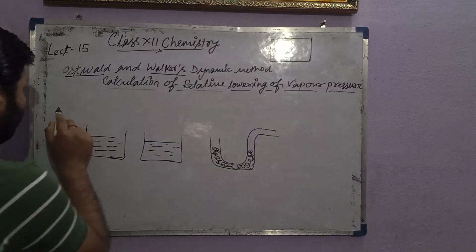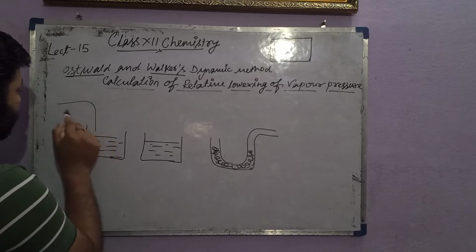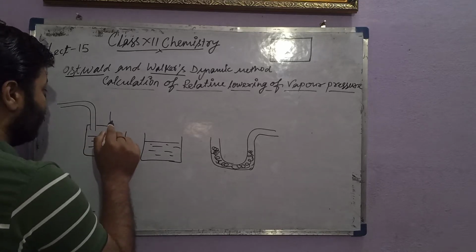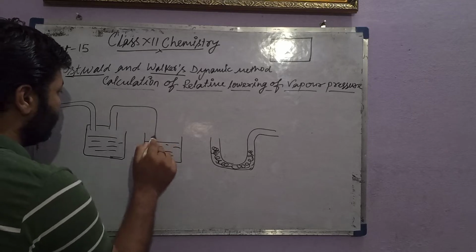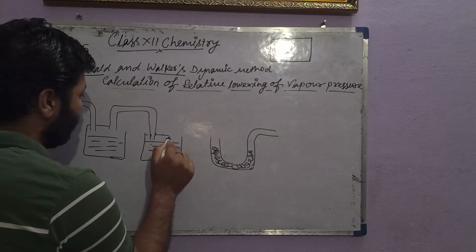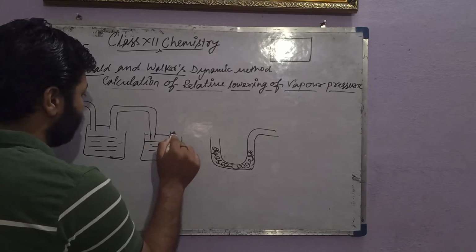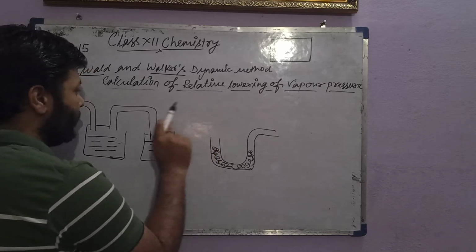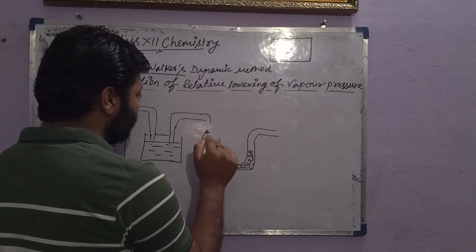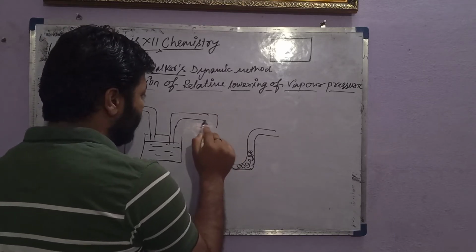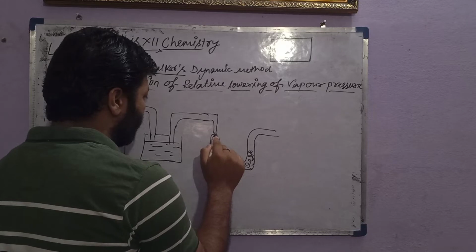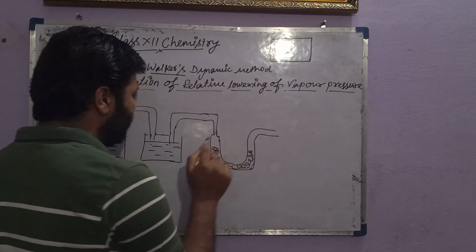First we add the dry gas into the solution. Then there is a delivery tube, which is connected with the U tube having anhydrous calcium chloride.